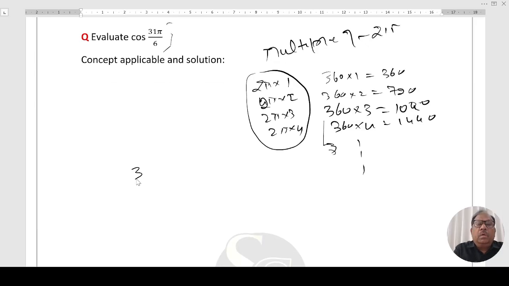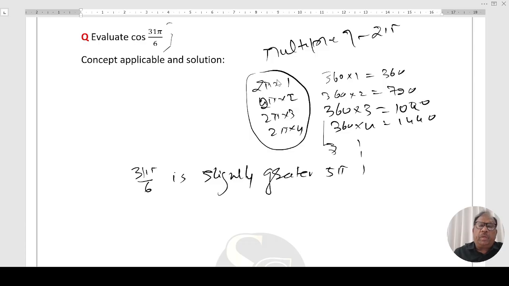31 pi by 6 is slightly greater than 5 pi. We need multiple of 2 pi.